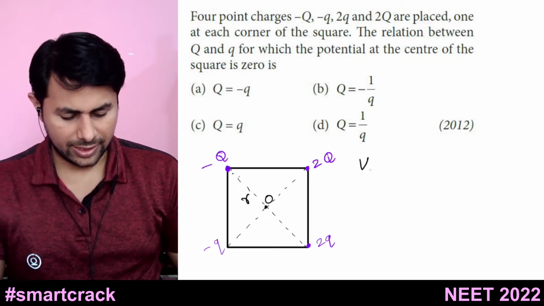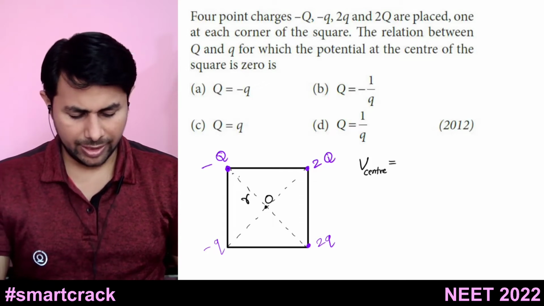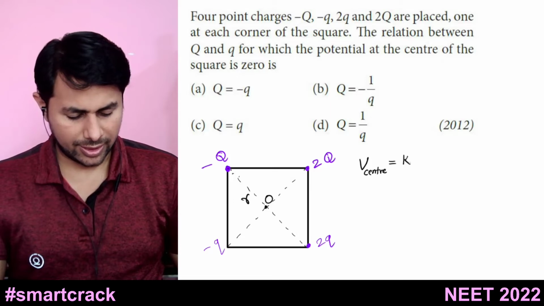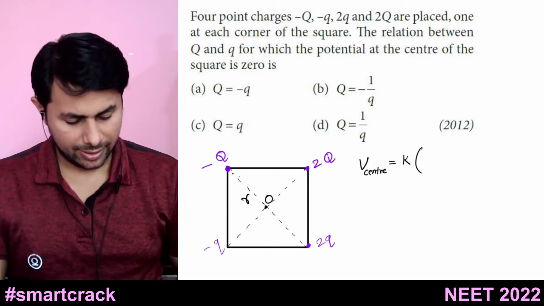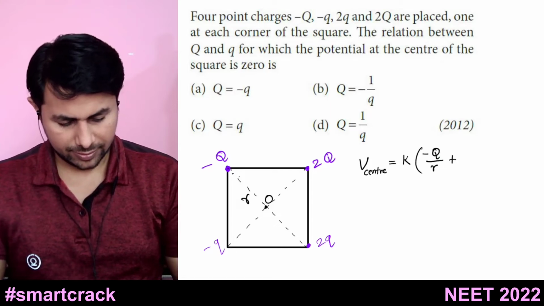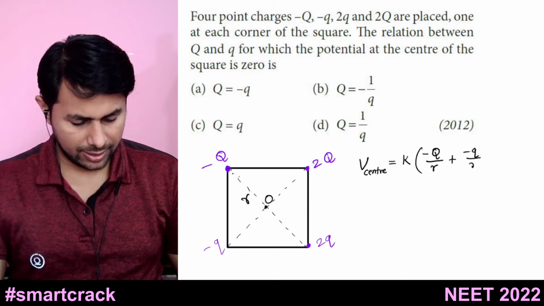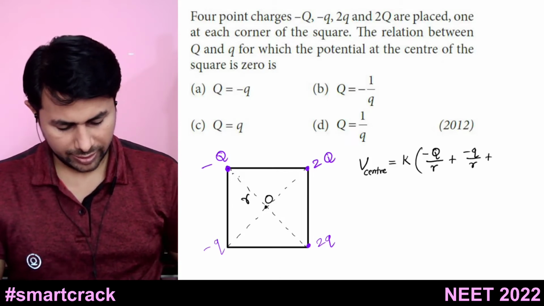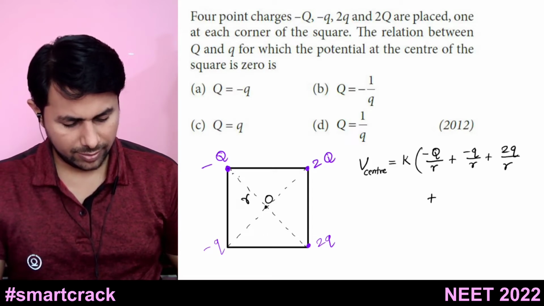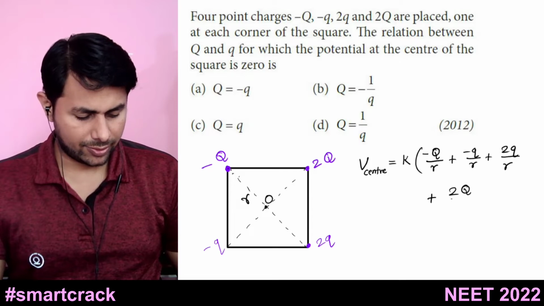So V at the center will be equal to 1 upon 4 pi epsilon naught, or k, I will take outside, multiplied by minus q over r, plus minus q over r, plus 2q over r, plus this capital 2q over r.